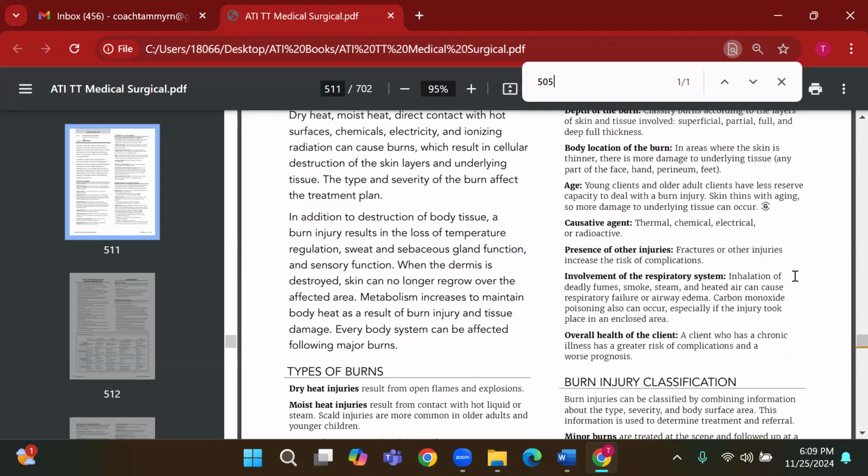One thing that I do think they like to ask about is the respiratory system and a burn. There was a show on TV called This Is Us. I don't know if you guys got to see that or not. But in one of the shows, I just remember the father ran back into the burning house to get the dog.